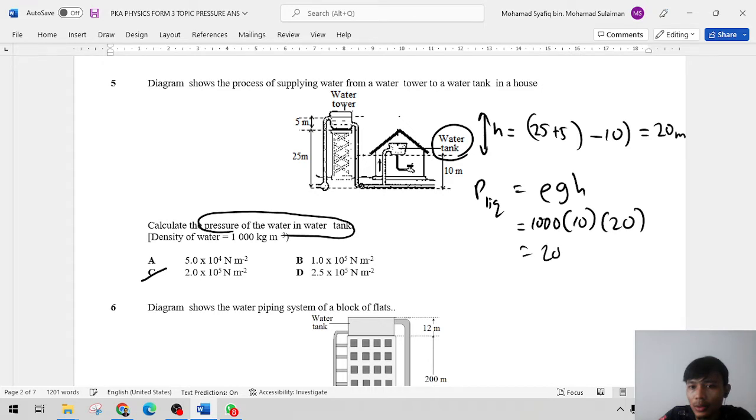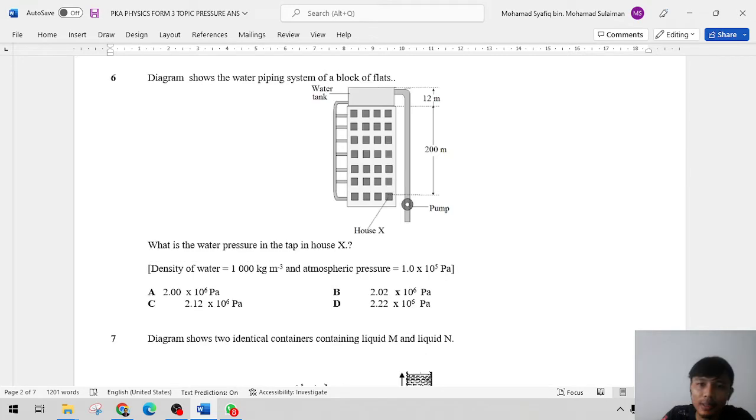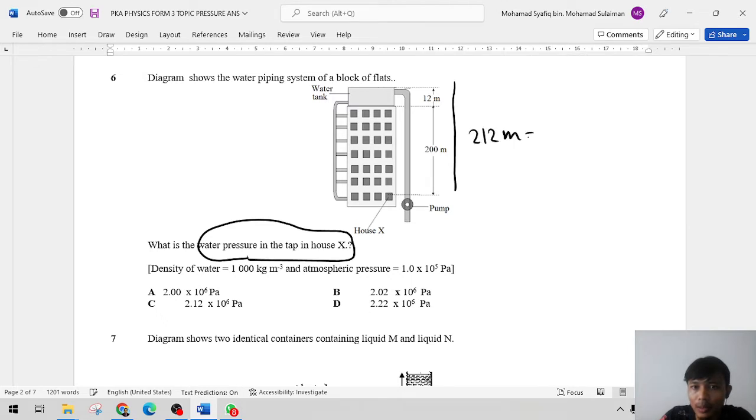Right, number 6. So we have piping systems. Same thing, why we put water tank at the top of the building, so that we got higher water pressure. So we want to find the water pressure in the X house. So X is here, so the depth is 212 meter. So again, pressure in liquid equal to rho g h. So rho is 1000, g is 10, and the depth is 212.